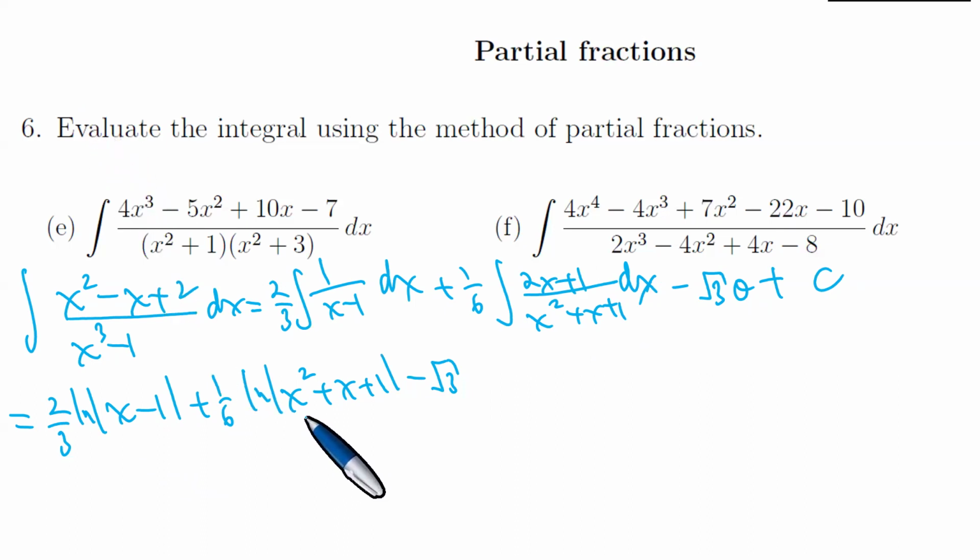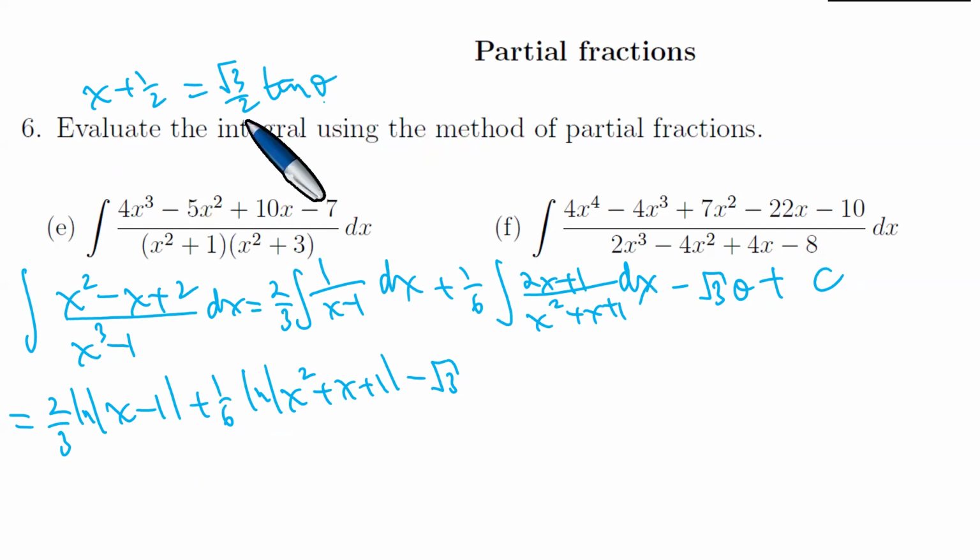Remember, everything came out of the denominator, and it was x plus 1/2 equals the square root of 3 out of 2 tan theta. So we want to make theta the subject, so multiply through by the 2, so that it becomes 2x plus 1 is the square root of 3 tan theta. You divide by the square root of 3.